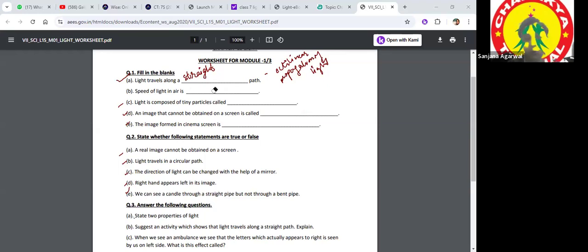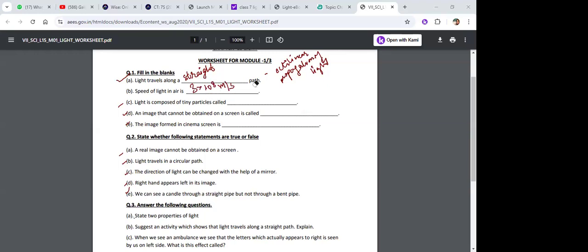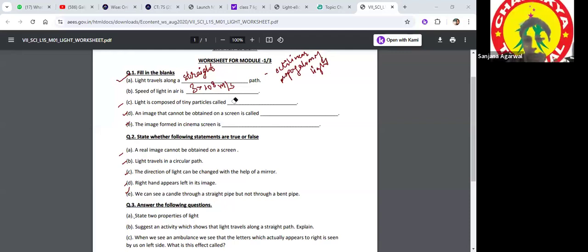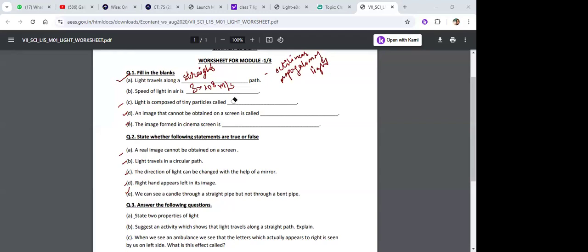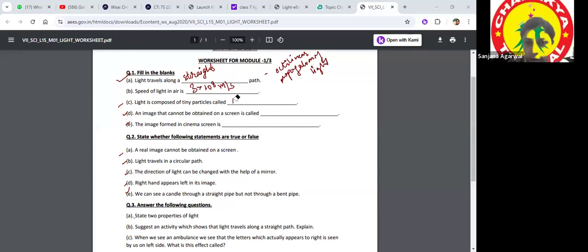Can you imagine 3 into 10 to the power 8 meter per second? Oh my God. Okay, light is composed of tiny particles called photons. Siddhant, tell the answer to everyone with the spelling. Ma'am, light is composed of tiny particles called photons. So let me brief you about this.